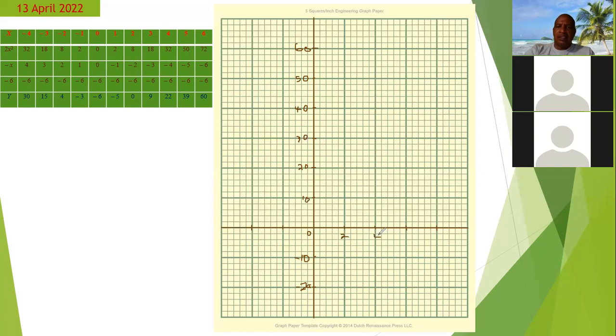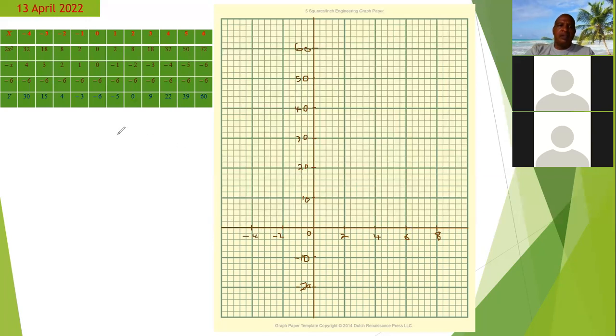All right, going to 6. I could probably put 8 here. And then on the next side, we're going -2, and then -4.